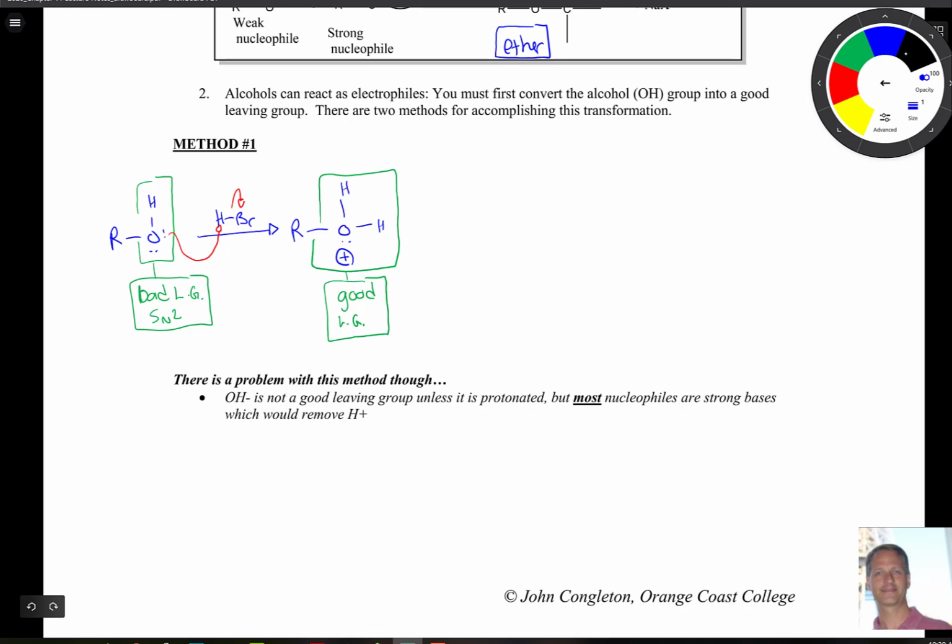If we wanted to continue, we've got bromide in the solution because you just made it through step 1. So this guy's going to come around, grab hold of that, and we're going to kick off water there. Loss of water is typically a favorable thing; we see it a lot in biochemistry. So that plus, and now your RBr. You make an alkyl halide that way.